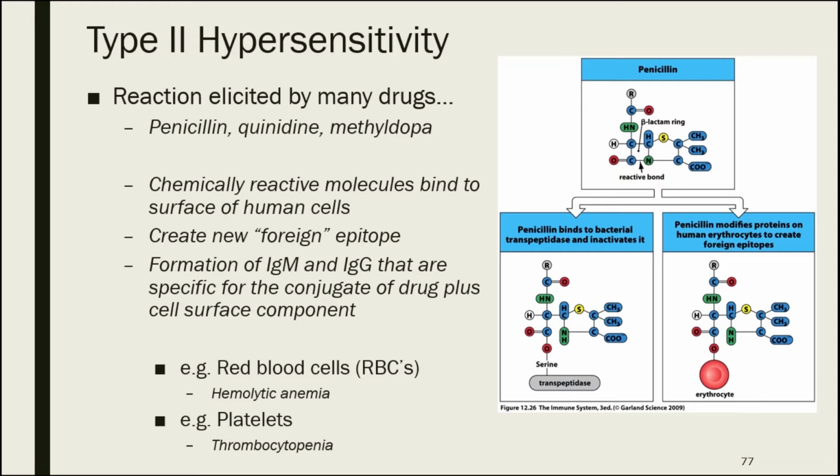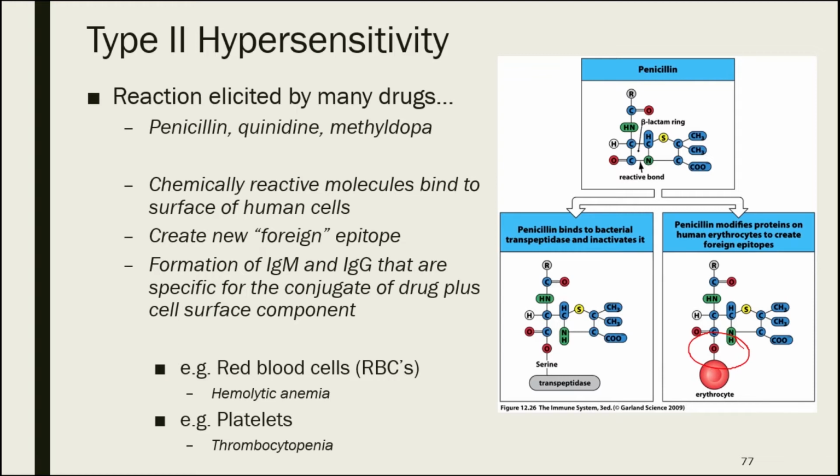Just a quick recap: penicillin worked by forming a bond with the serine residue on the transpeptidase. The same penicillin can also form a covalent bond on red blood cells. If that happens, you change the surface of your own cells.